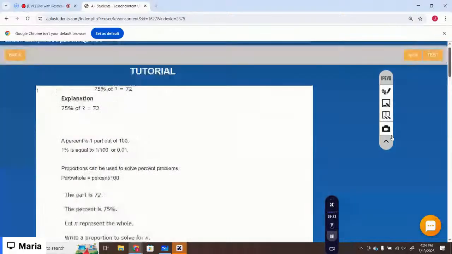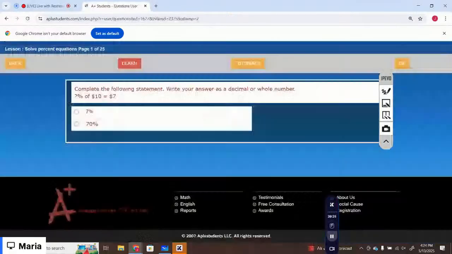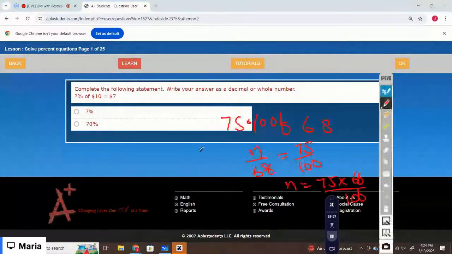Let's just start with the test questions. Complete the following statement. Write your answer as a decimal or whole number. What percent of 10 is 7? We need to calculate the percentage. You are given the part and the whole number.